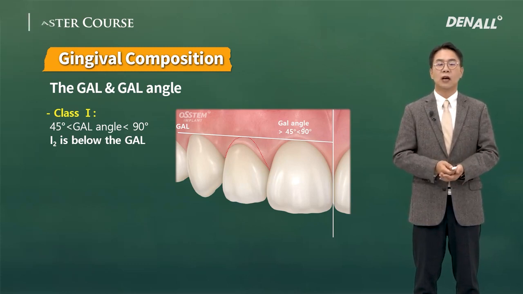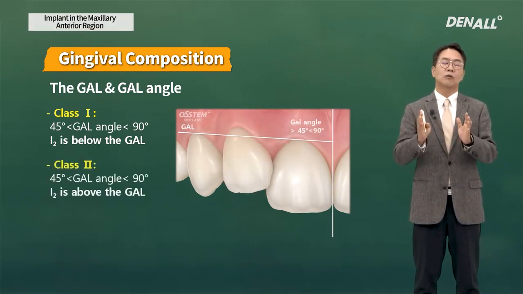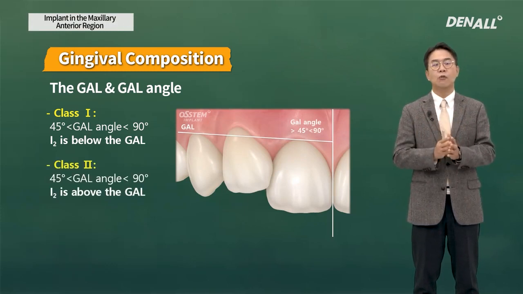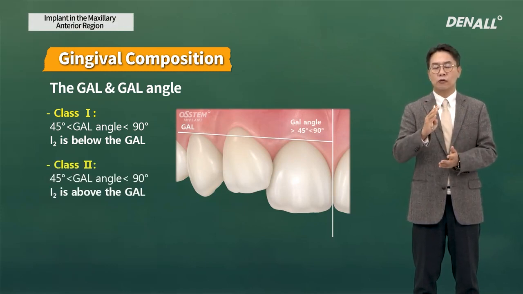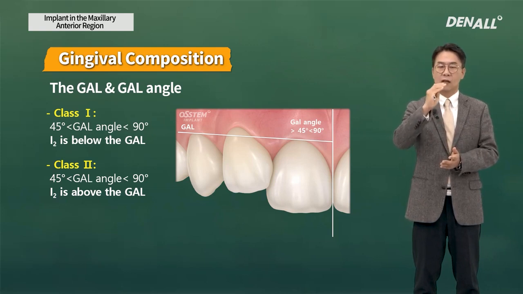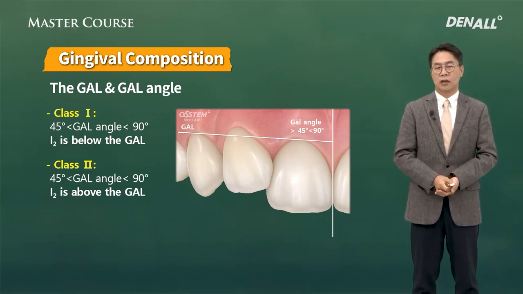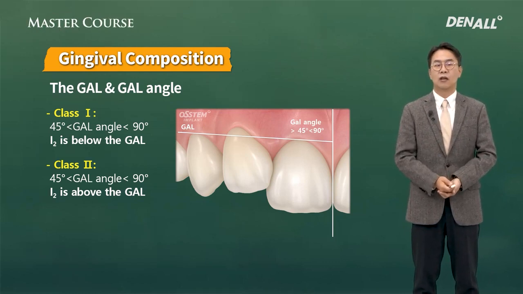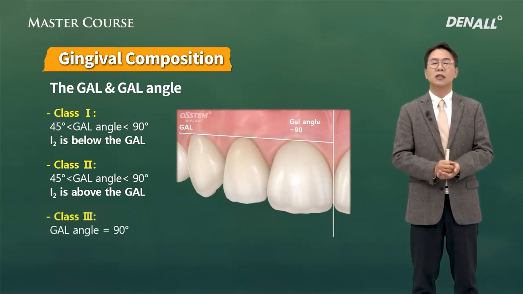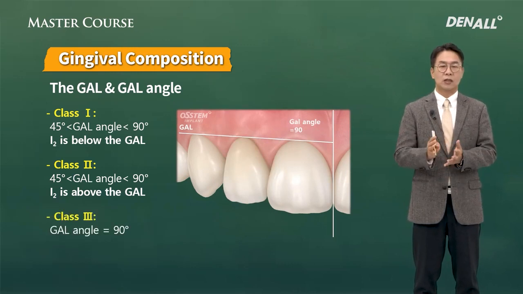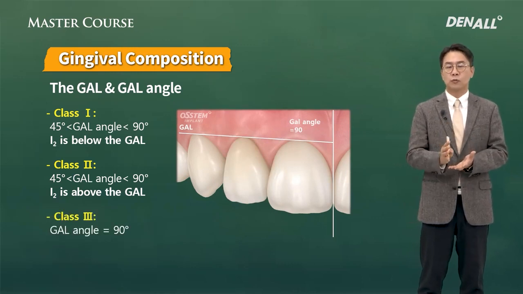Class 2 is between the angle of 45 and 90 degrees, but the position of number 2 is superior to the line connecting number 1 and number 3. And class 3 means the gal angle is 90 degrees, which is ideal.